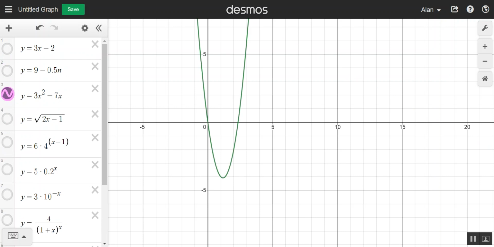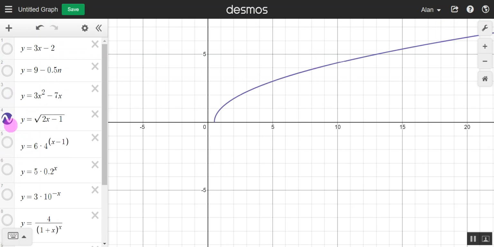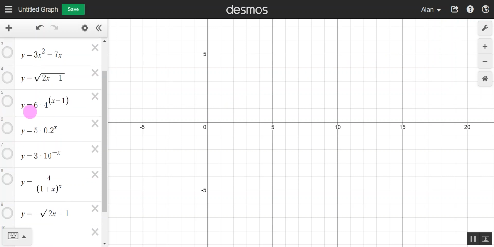This one's quadratic. This one's not quadratic, yeah. It's a root. This one, do you recognize it? U1 times R. This one. What about this one?